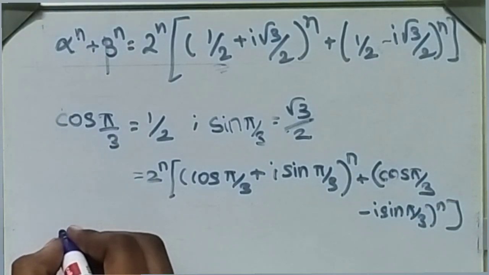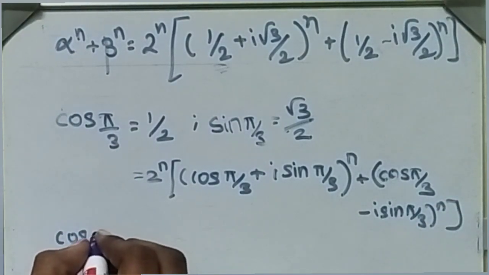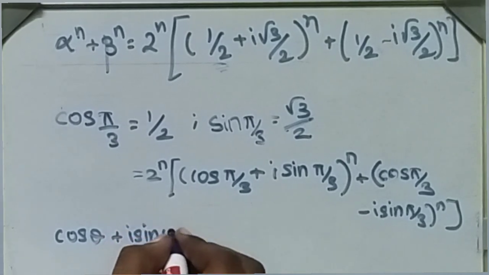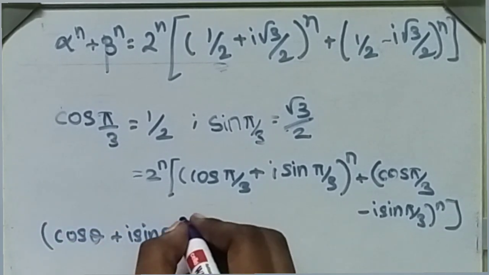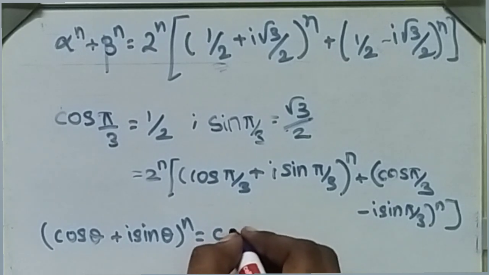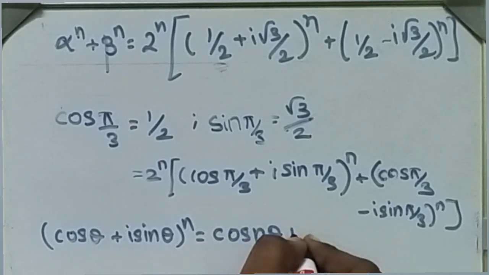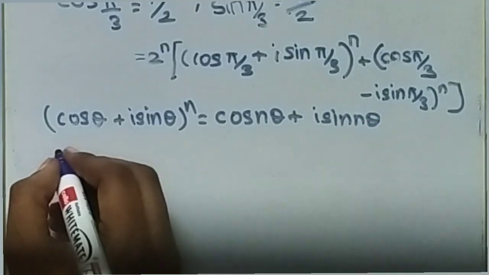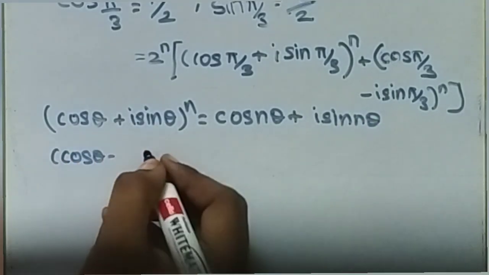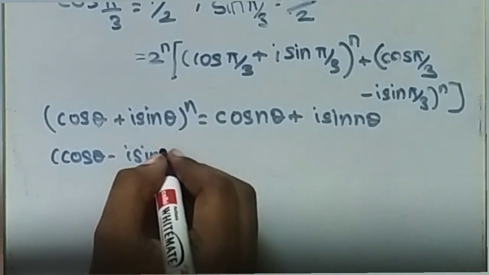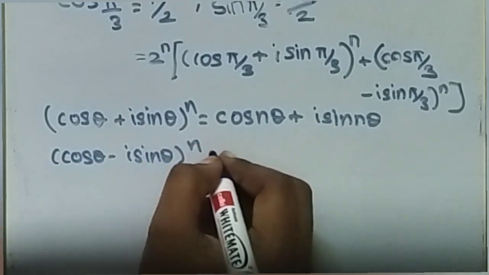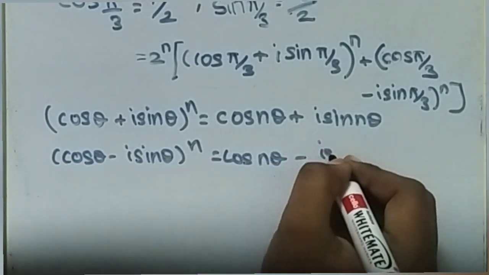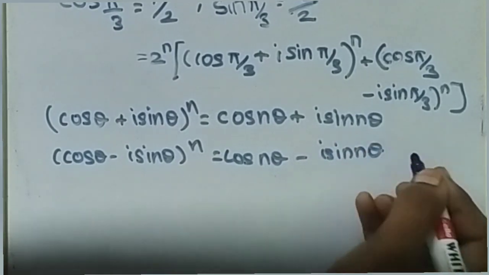So what is De Moivre's theorem? (Cos theta plus i sin theta) power n equals cos n theta plus i sin n theta. Similarly, (cos theta minus i sin theta) power n equals cos n theta minus i sin n theta.